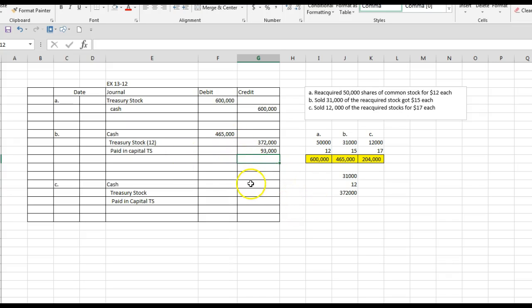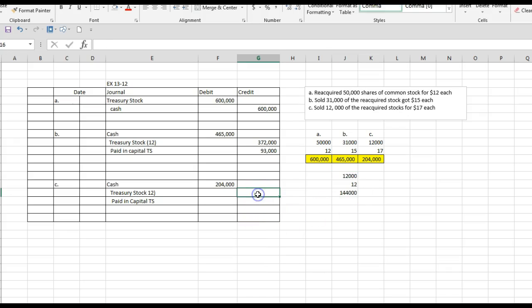Same thing on this one. Again, treasury stock is at $12. We're selling it for $17. We're receiving cash of $204,000. And we've sold 12,000 at 12.